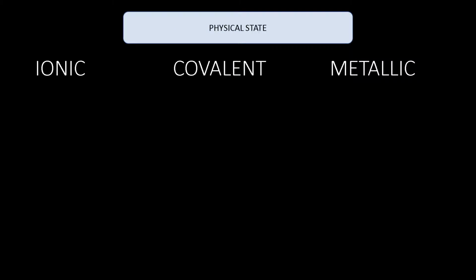I'm going to talk about the physical state of ionic, covalent, and metallic structures. The physical state of an ionic compound is solid. Because of its crystal lattice structure, it will always be a solid. Covalent bonds are, of course, different because they do not have this crystal lattice structure. They can form to be liquids or gases.